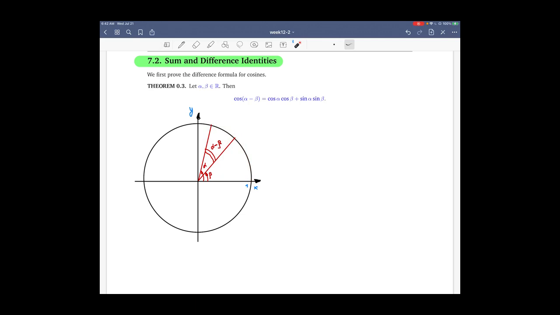We can also measure the angle alpha minus beta directly from the positive direction of the x-axis. Let's say it's here.